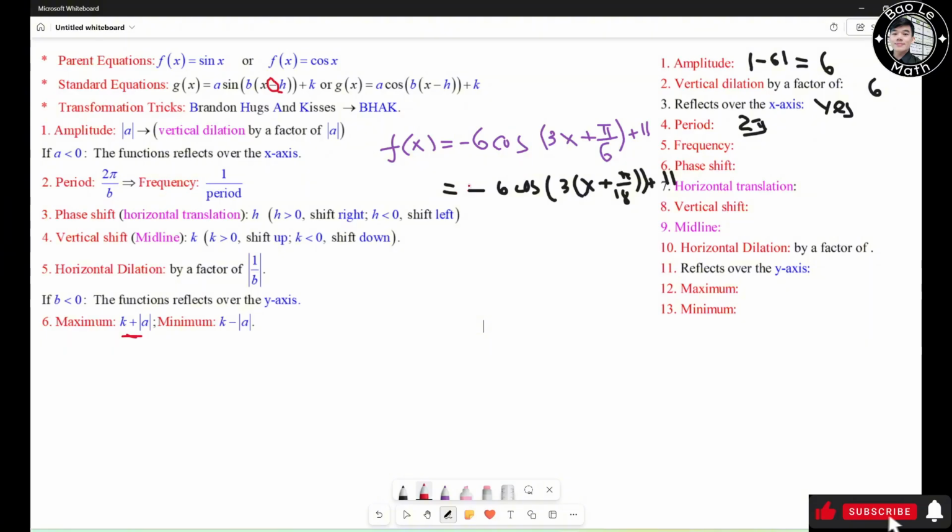You always rewrite the trigonometric function in the standard form right here. And then you need to manipulate this a little bit. So it could be negative 6 cosine of 3 times x. Now, the plus sign here, I just rewrite as two negative signs, right?